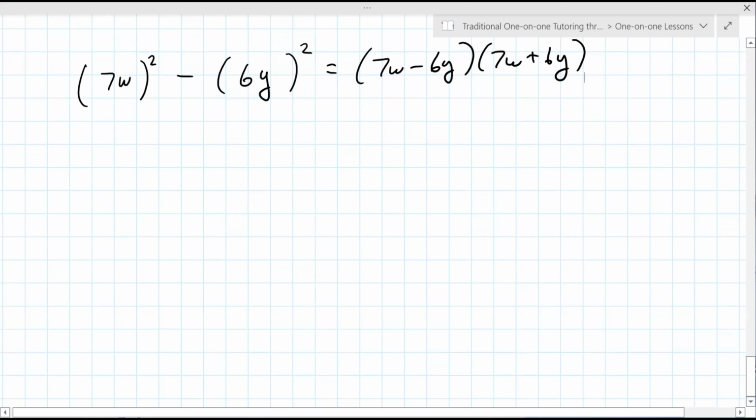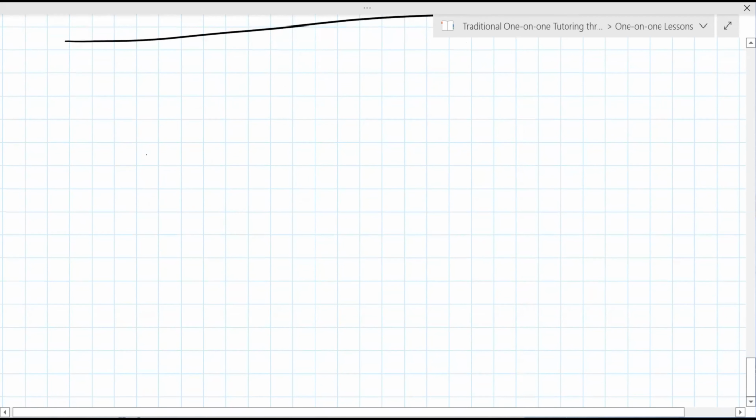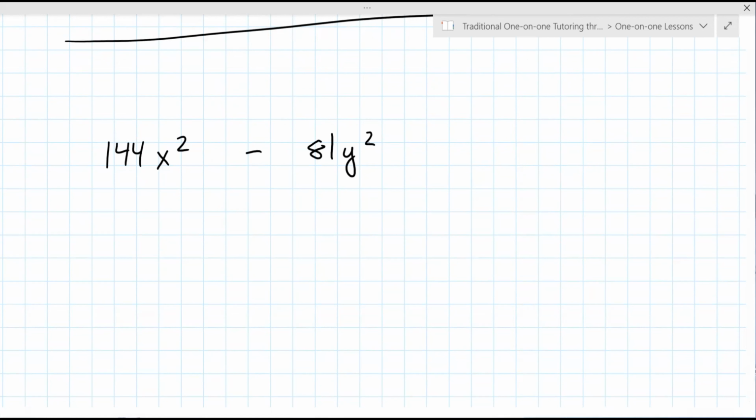Let's do at least one more here. Let's go 144 x squared minus 81 y squared. 12x plus 9y, 12x minus 9y.